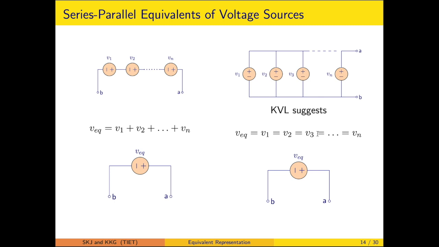However, the equivalent voltage will be, when the voltage levels are equal, any of the source values. One important point here: although the voltage level comes out corresponding to the individual one, the current supplied by each source can be different. So they will be sharing the current and so on.